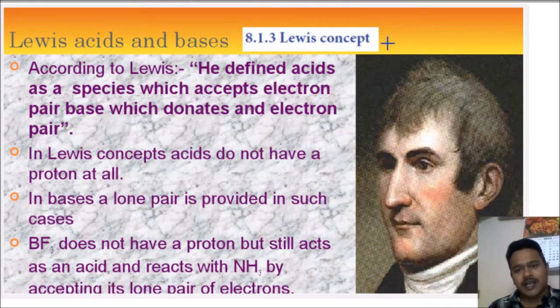So this scientist came to explain acids and bases in a different manner. He defined acids as species which accept electron pairs, and bases as species which donate the electron pair. One is accepting, the other one is donating. In the Lewis concept, acids do not have a proton at all. Simply, how can I write it?